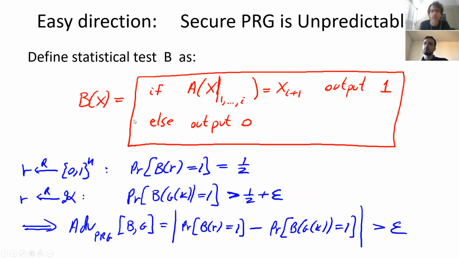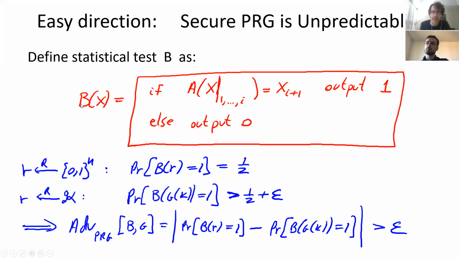So we want a reduction that shows that this PRG cannot be a secure PRG, in other words, a reduction that is going to perform a standard attack on a PRG.